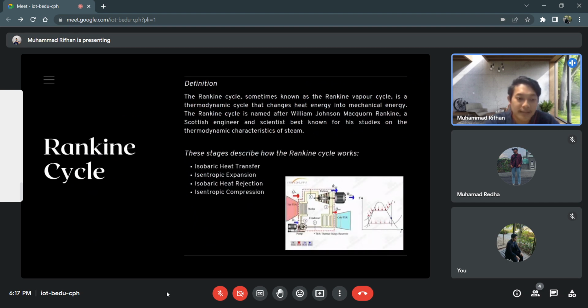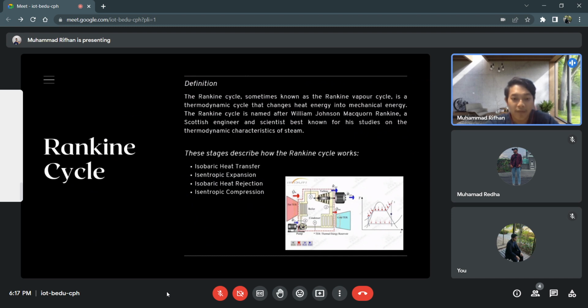And the third one is Rankine cycle. It is defined as, sometimes known as the Rankine vapor cycle, a thermodynamic cycle that changes heat energy into mechanical energy. And it is named after William John Macquorn Rankine, a Scottish engineer and scientist best known for his studies on the thermodynamic characteristics of steam.